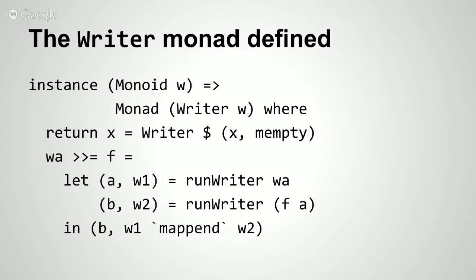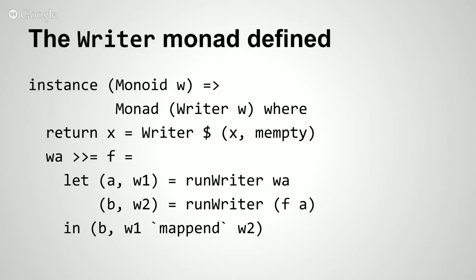And the bind of a writer stateful action to a function, and again, that function is a Kleisli arrow, so it's a function that takes a pure value and returns another type in the action, is going to be formed by letting a pair A, W1 be formed by getting the pair out of the first writer action.